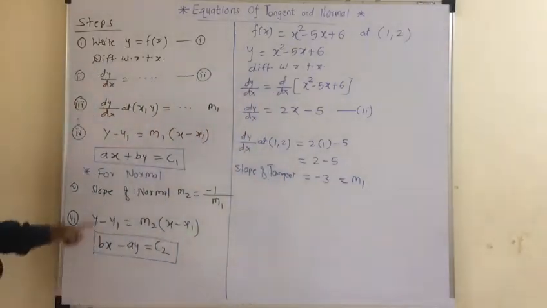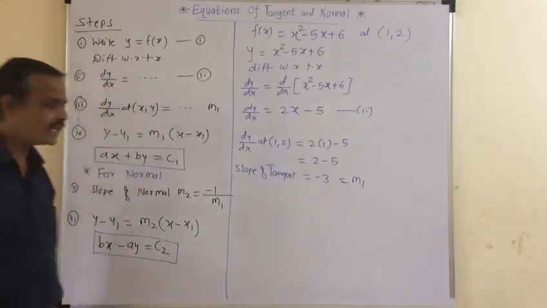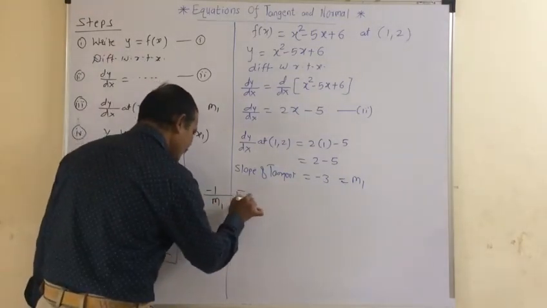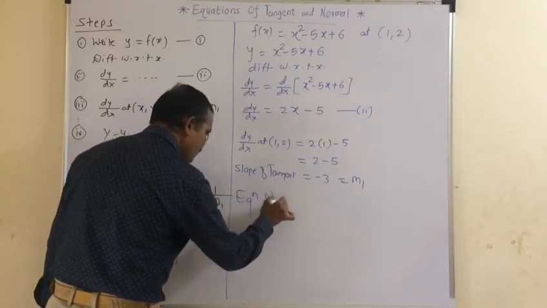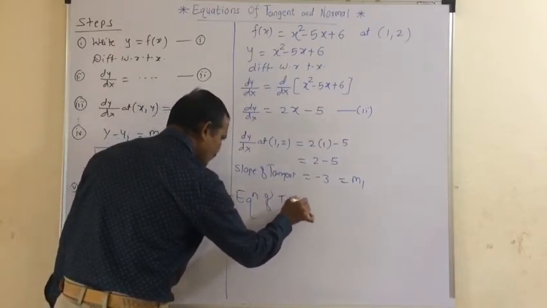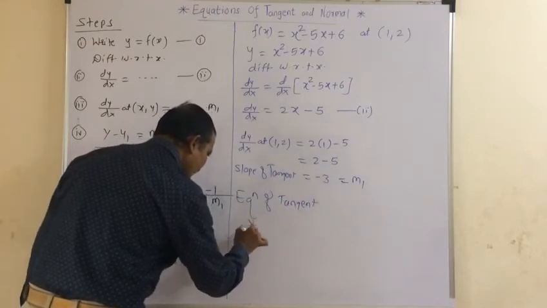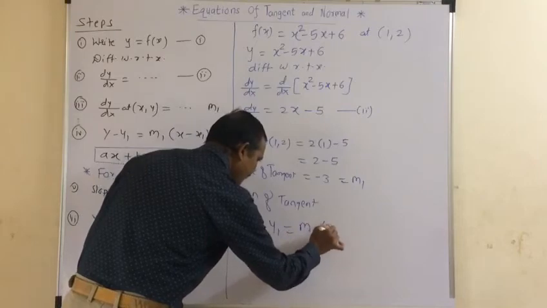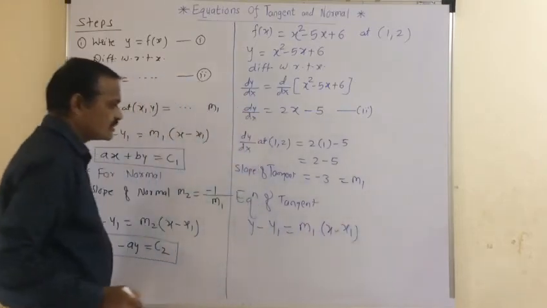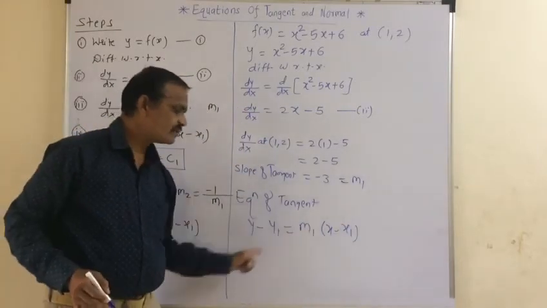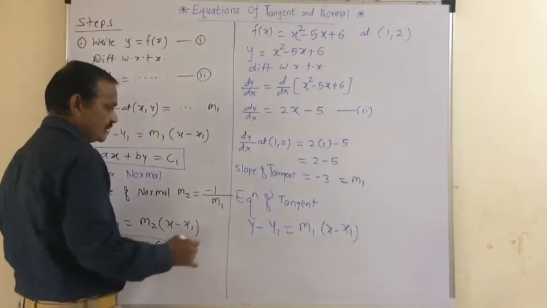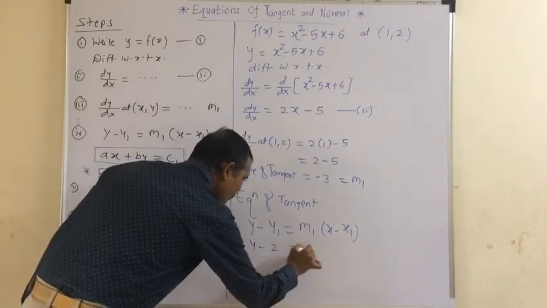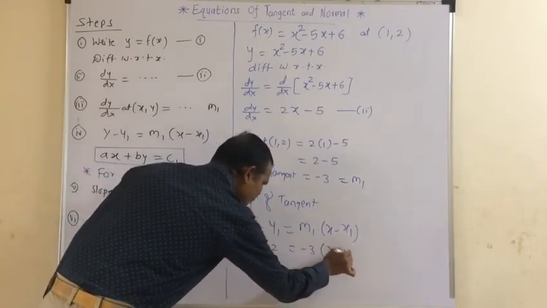Now we write the equation of line in slope point form. Equation of tangent in slope point form as y minus y1 is equal to m1 into bracket x minus x1. Now substituting the values of point x1, y1, we get y minus 2 is equal to minus 3 times x minus 1.